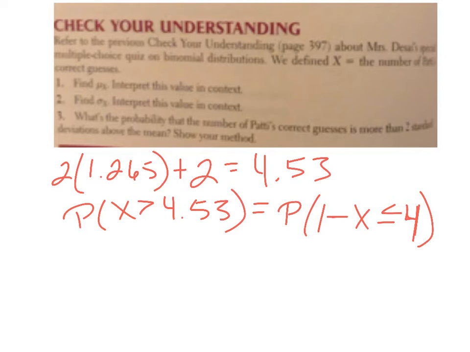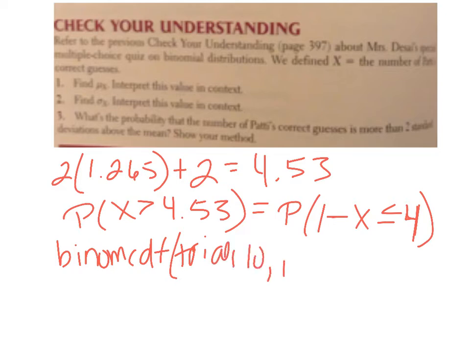So I'm going to use my CDF function on my calculator, because I'm doing a less than or equal to situation. Trials here again are 10, probability is 0.2, and x value is 4, which gives me a probability of 0.967.